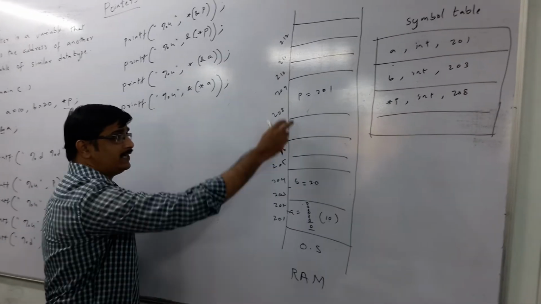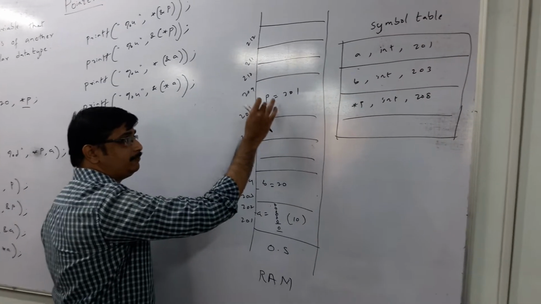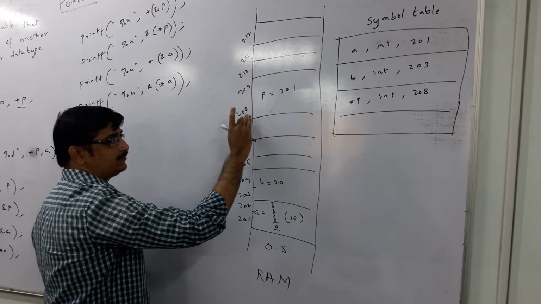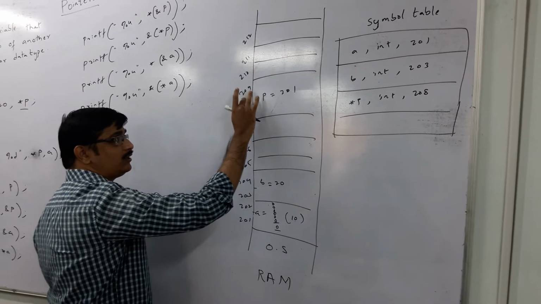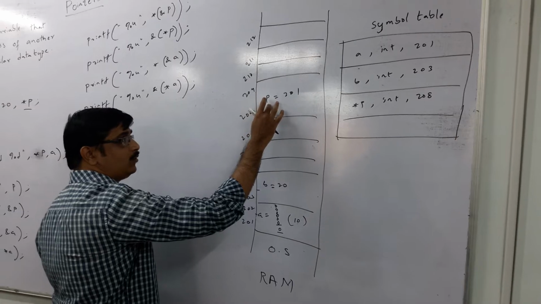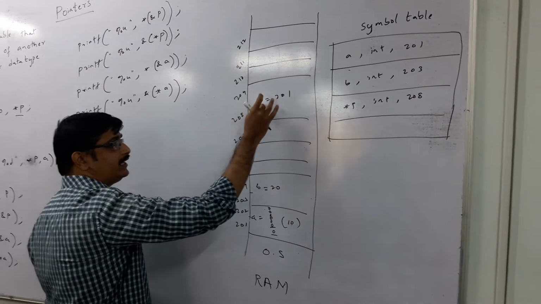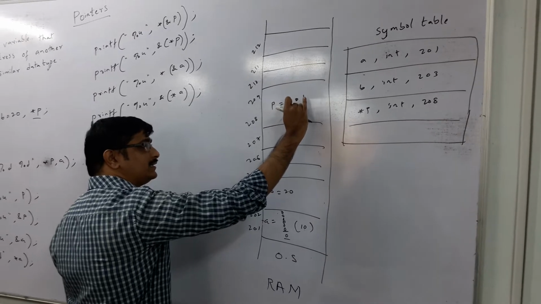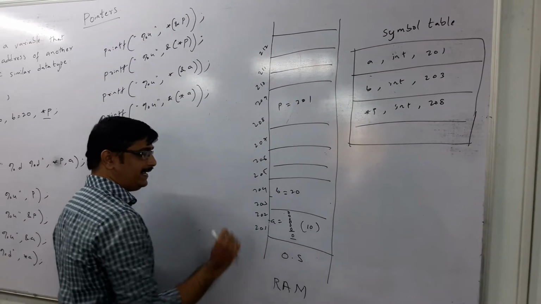Now there is also a pointer variable in our program, that is p, where p occupies the addresses 208 and 209, and p equals 201. Why have I written p equals 201? Because p is holding the starting address of a.